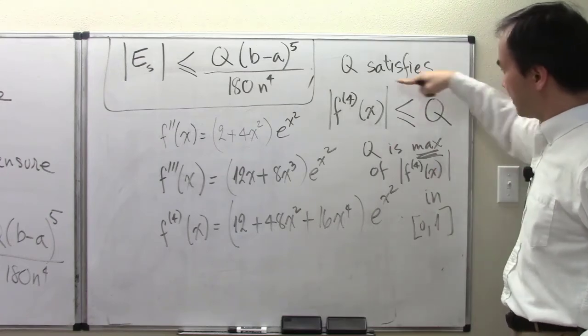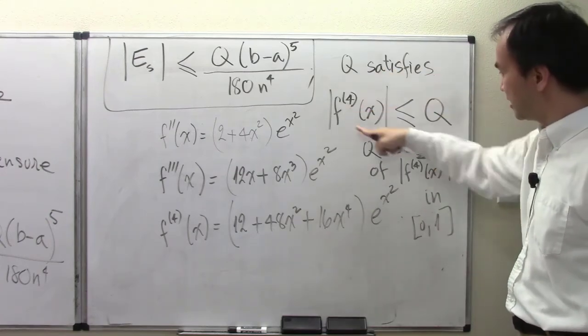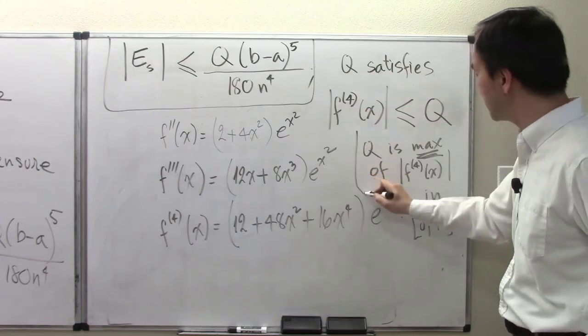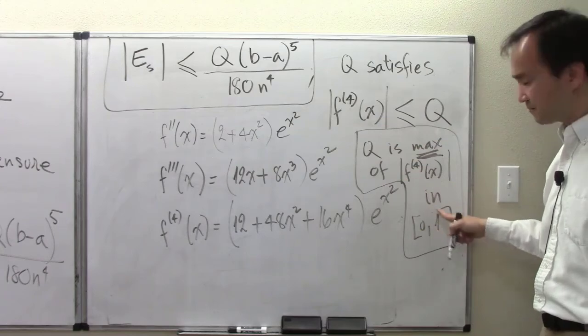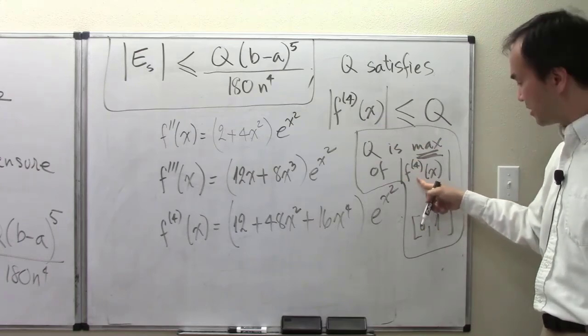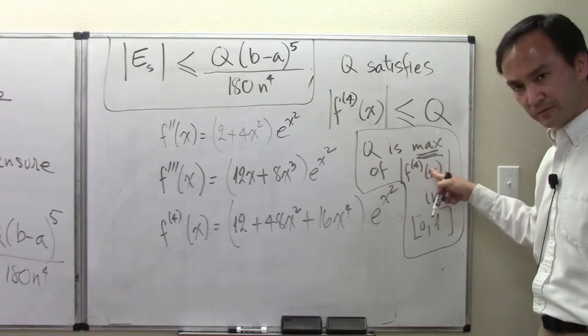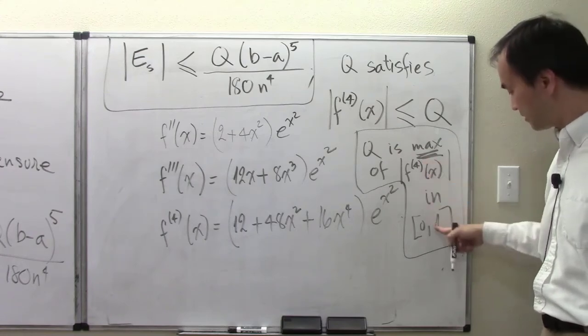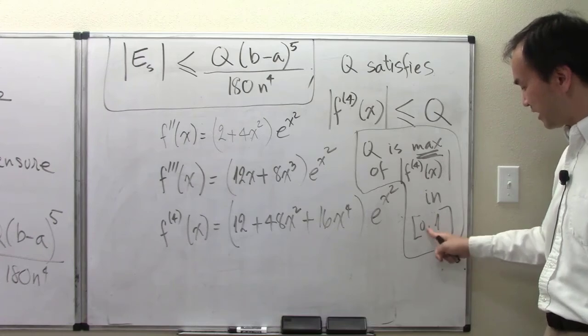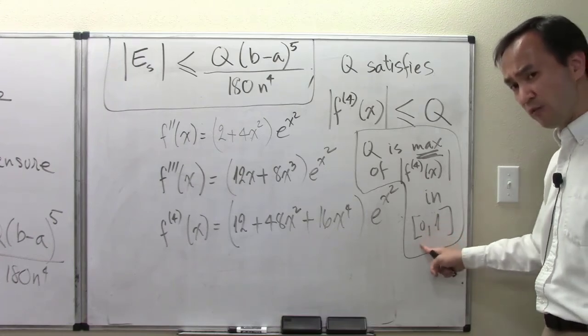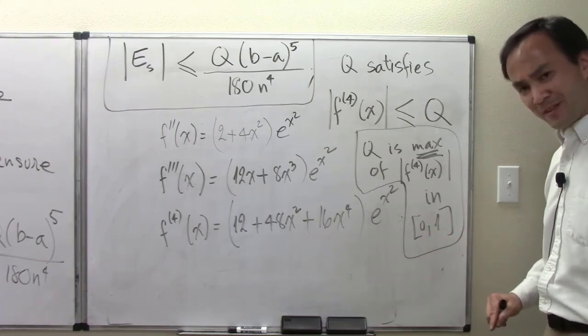Q satisfies this inequality, but that also means Q is the maximum value of this 4th derivative of f in the interval from 0 to 1, generally the interval over which we're taking the integral.